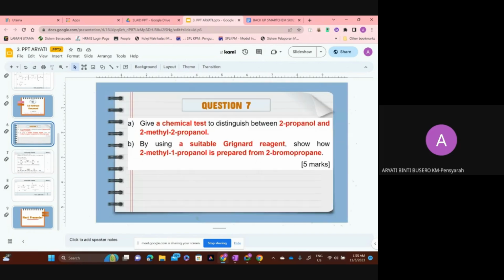Okay, next question is, by using a suitable Grignard reagent, show how 2-methyl 1-propanol is prepared from 2-bromopropane.